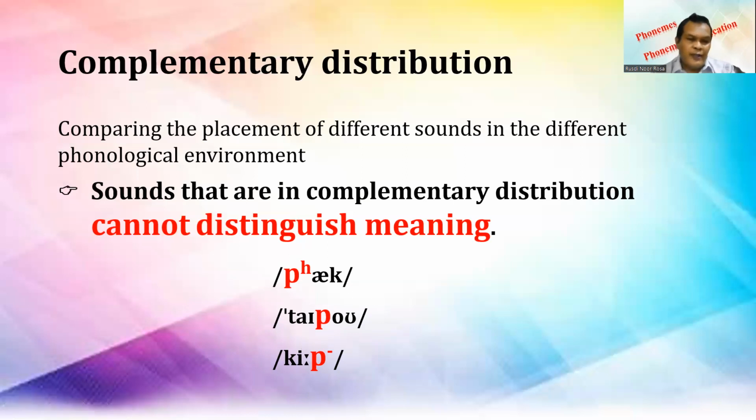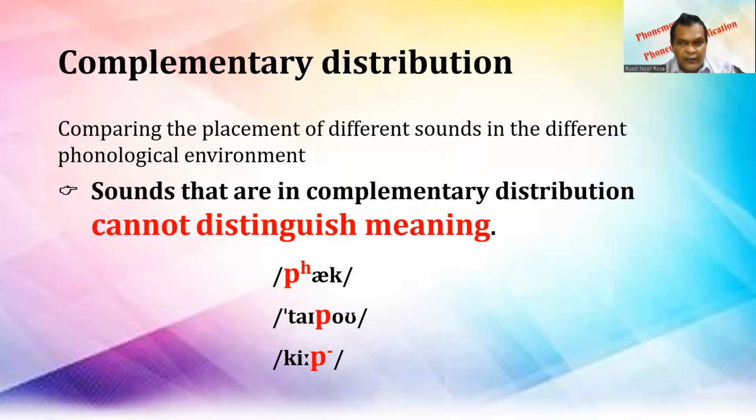Now, let's see that pack. We have here aspirated p, pack. Aspirated sound only occurs with a voiceless stop, for example, p located in the first position of the syllable, and it is stressed.